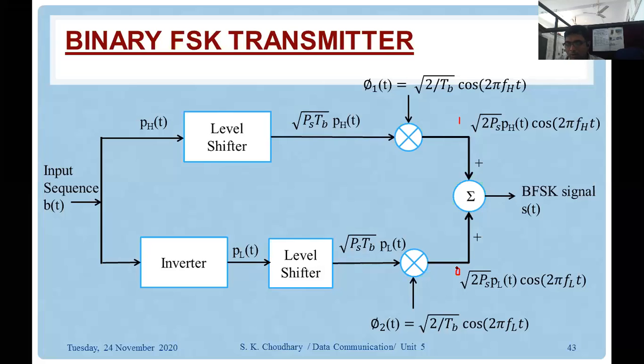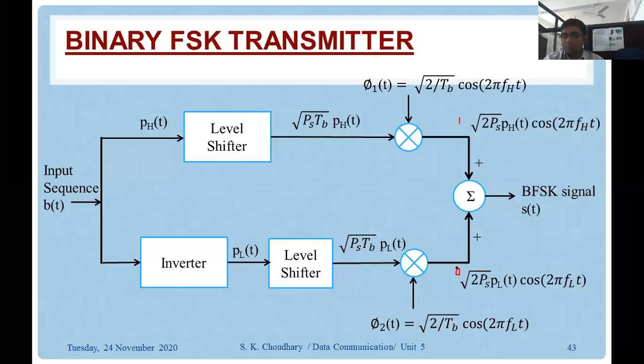Okay, so you can see from the above diagram, PST is the same as BT, and PLT is the inverted version of BT. PST and PLT are unipolar signals because they vary only 1 to 0 or 0 to 1. The level shifter converts the +1 level to square root of PSTB, and the 0 level is unaffected.